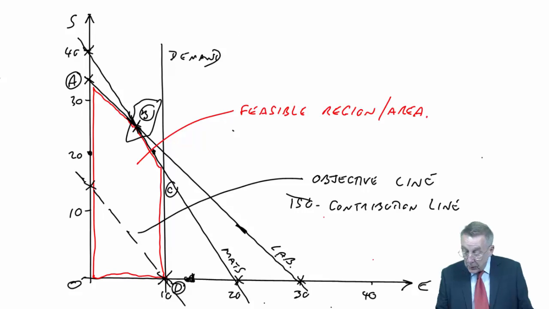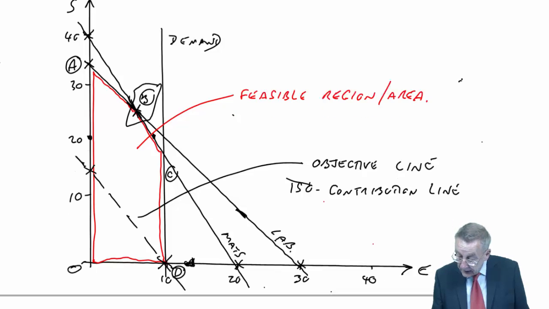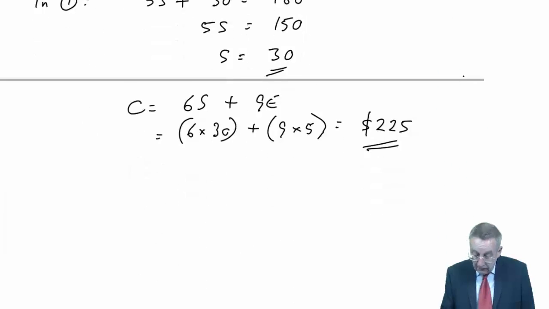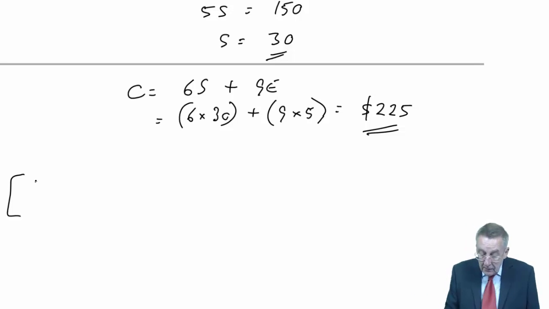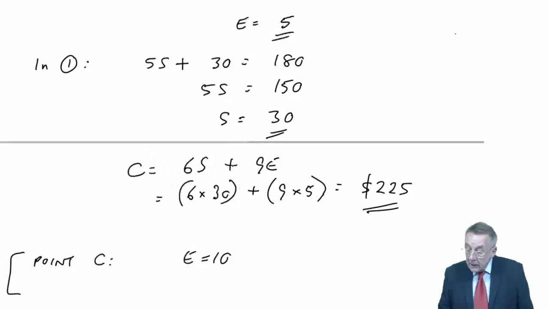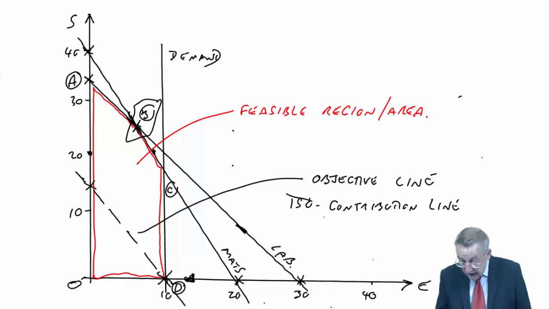Wait, in fact, let's do it. I am in a sense wasting time. Sorry. I wouldn't have done this because I could see from my graph the answer's B. But at point C, E is equal to 10 because it's on the demand line. It was also on the materials line. C was where materials cross demand.